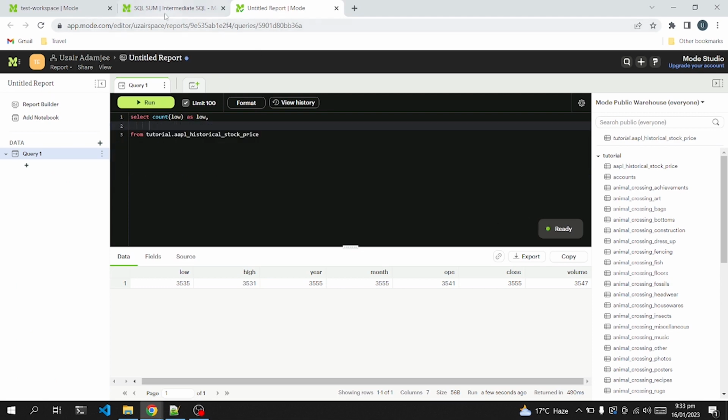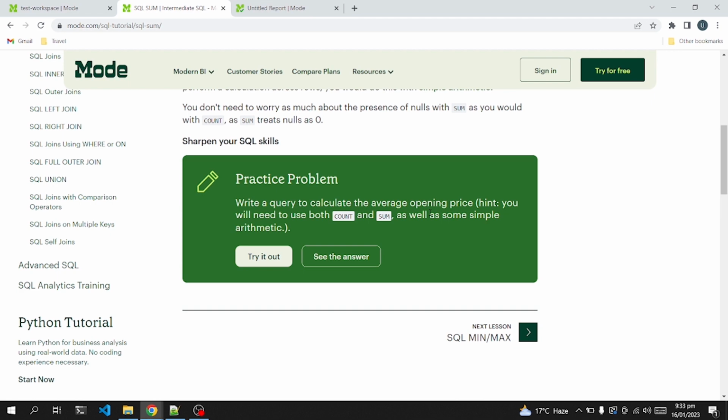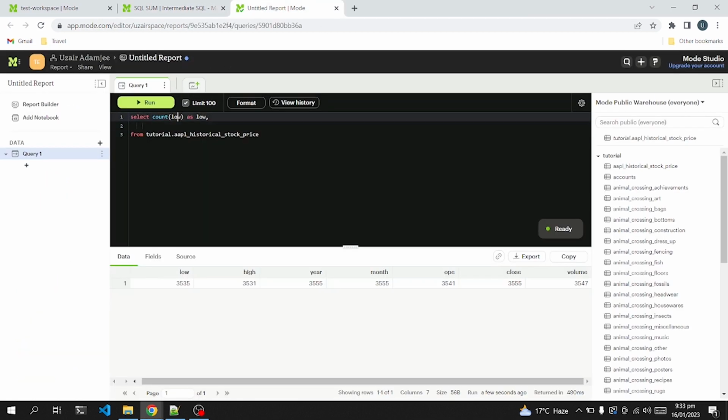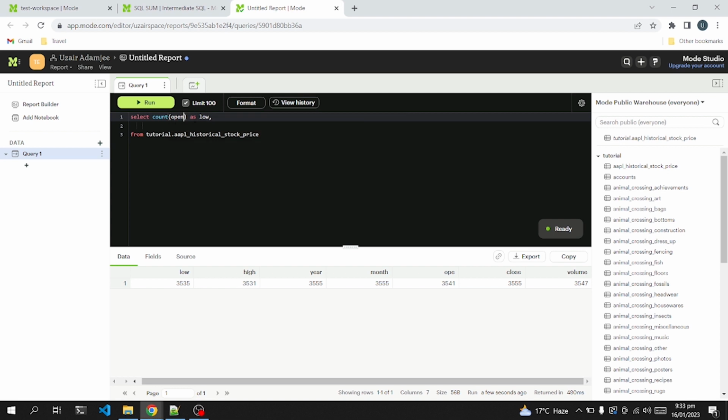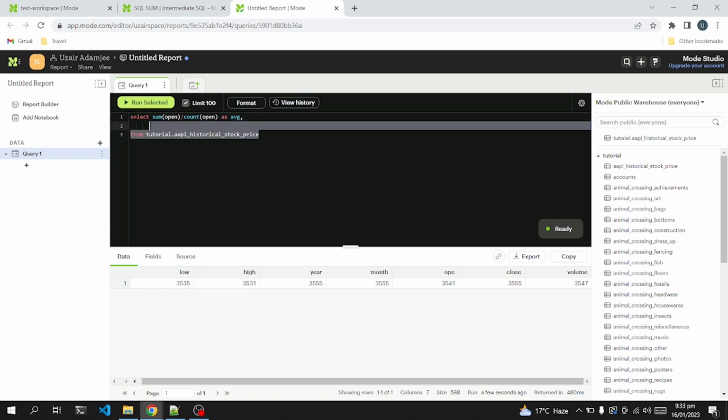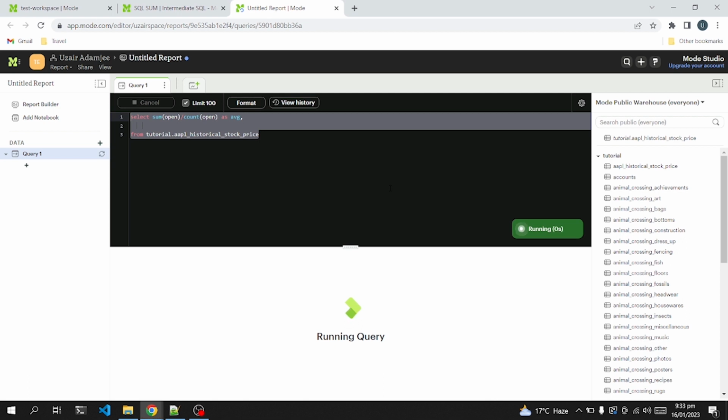So we have to calculate the average open price. This will be open, and average is the sum divided by count. I guess we are good to go.